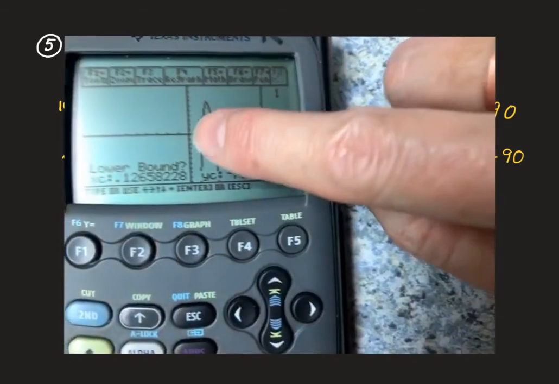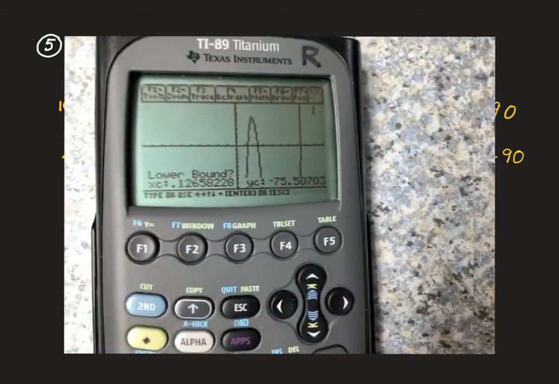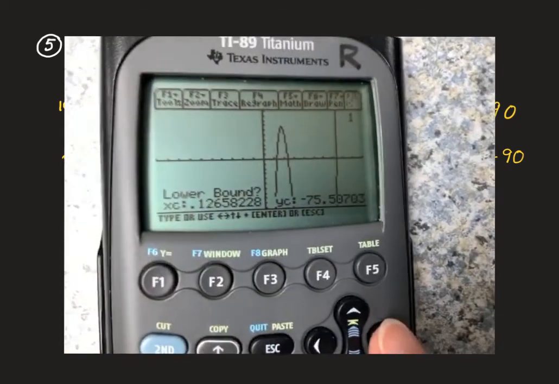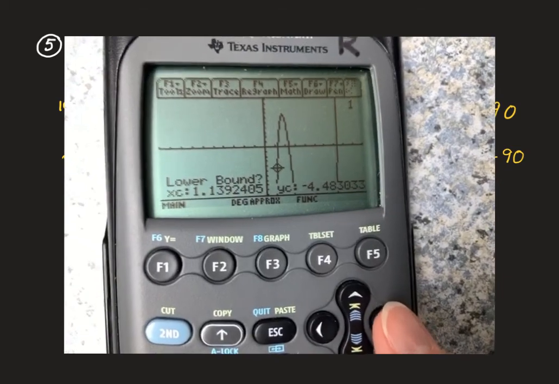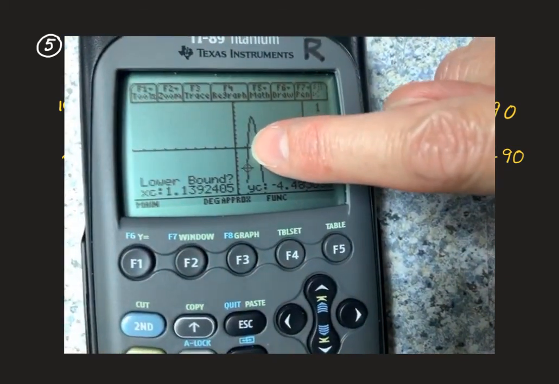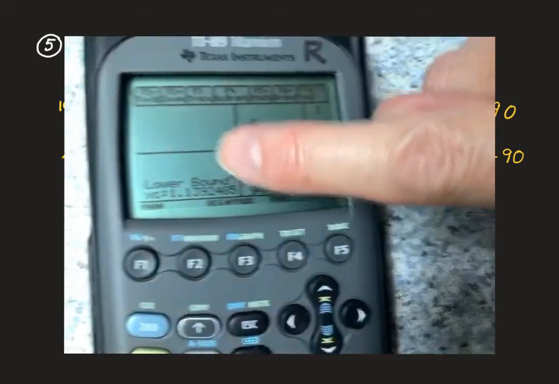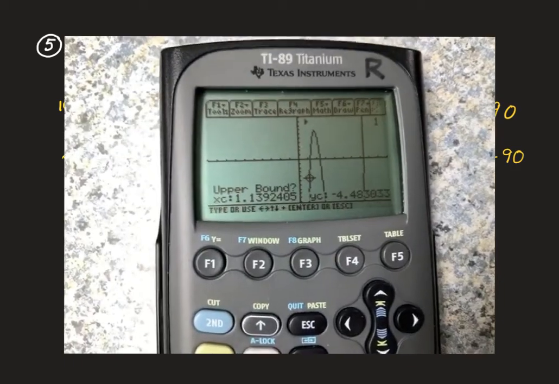It's really close to the y-axis, but that's way off our screen right now. So I'm going to scroll right until I can find that cursor. There it is. And it is located just to the left of the x value where the graph crosses. So I'm going to set that as my lower bound by pushing enter.